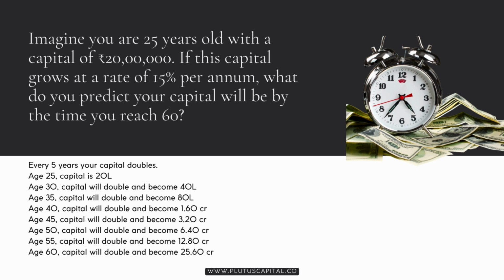So from 25 to 30, your 20 lakh becomes 40 lakhs. 30 to 35 becomes 80 lakhs. 40 years becomes 1.6 CR. 45 it becomes double of that, 3.2 CR. 50 years doubles to 6.4 CR. 55, 12.8 CR, and at 60 years it becomes 25.6 crores.